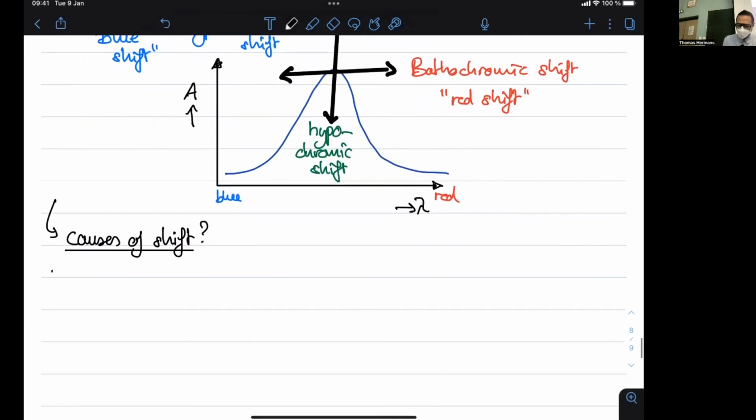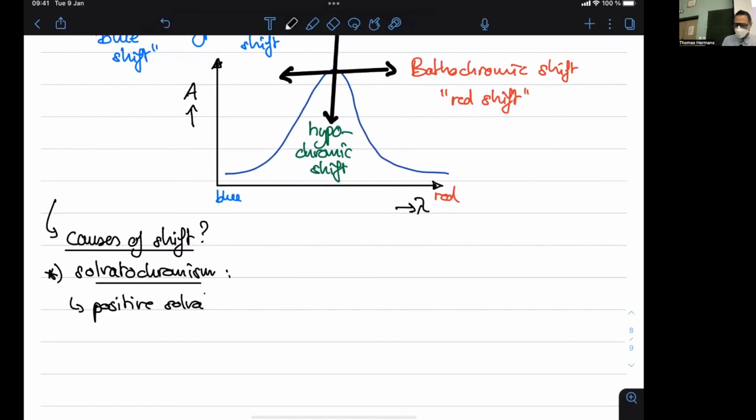So one reason, there are many, but I'm just going to highlight a couple. It's called solvatochromism. So chromism means moving the wavelength, and solvato is from solvent. So if you have positive solvatochromism, you have a red shift.